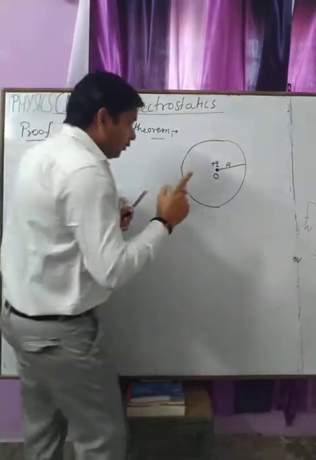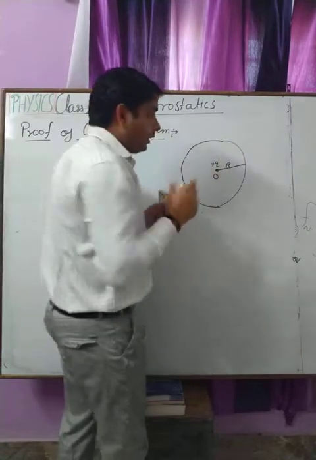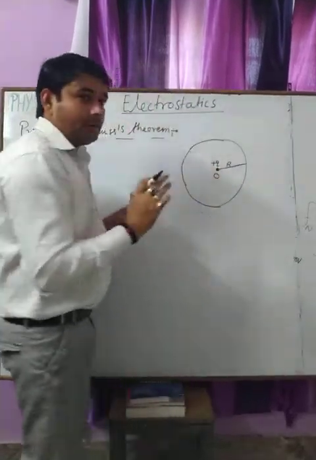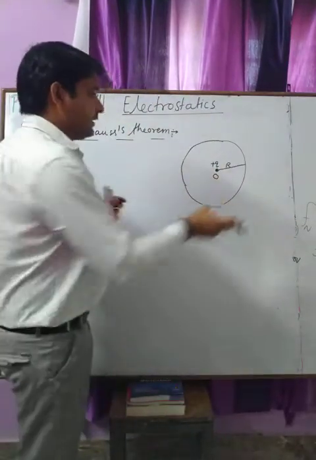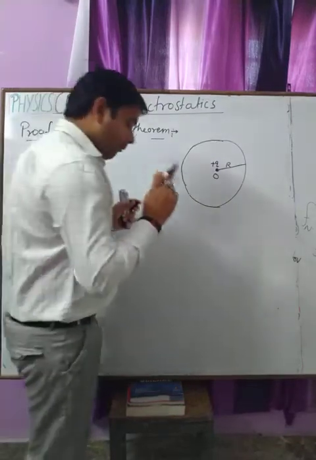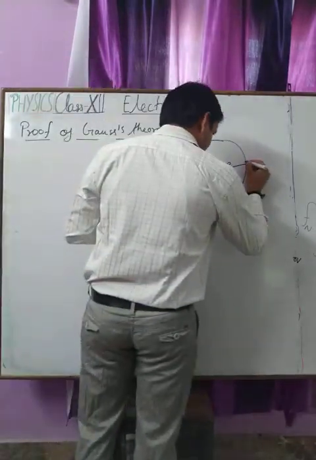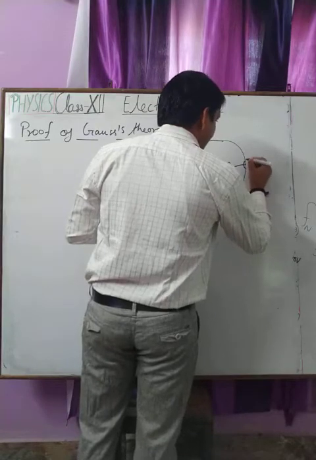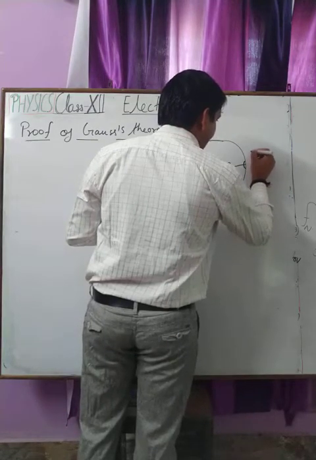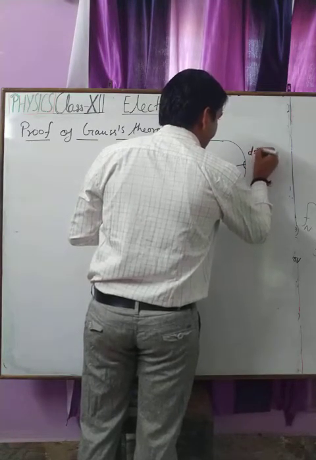Now we are taking a small area element, and we think of this surface as made up of many small area elements. This area element we consider as dS.